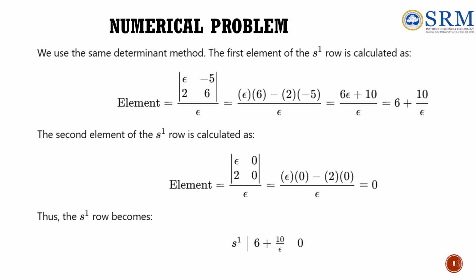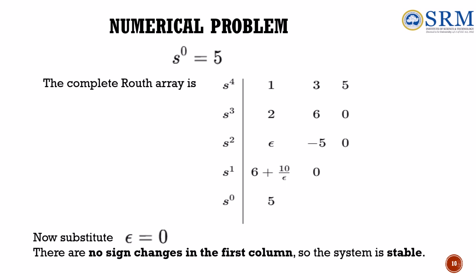So the s^1 row is 6 plus 10 by epsilon, 0. The next row, s^0, is 5. So the complete Routh array is s^4: 1 3 5, s^3: 2 6 0, s^2: epsilon, minus 5, 0, s^1: 6 plus 10 by epsilon, 0, and s^0: 5.